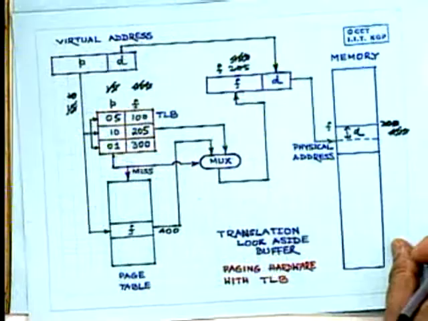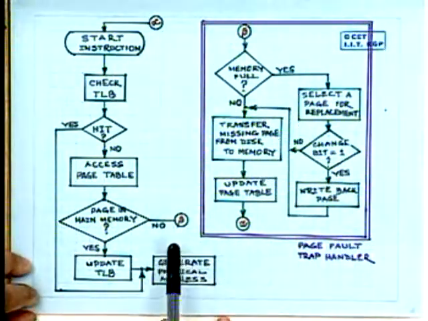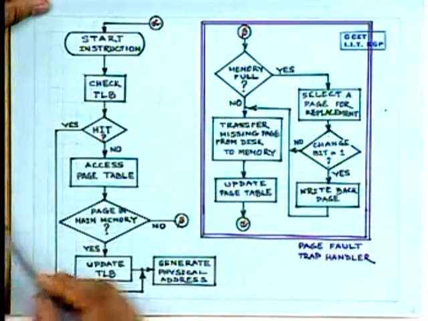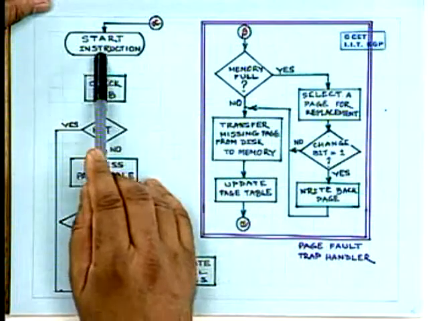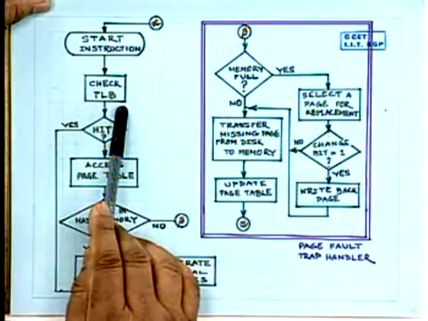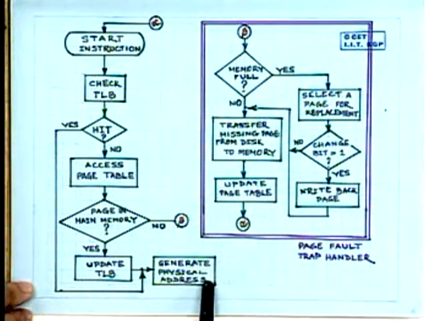Now, let us see what we'll have to add to this process for virtual memory, and that has been shown by means of this diagram. We start the instruction and the virtual address is generated. While executing this instruction, even including fetching, the TLB is checked. If it is a hit, we generate the physical address.